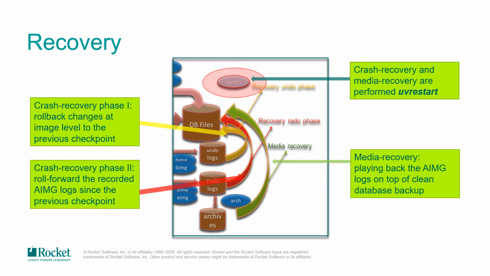The crash recovery involves two phases. The first phase is to roll back the changes at the image level to a previous checkpoint. The second phase is to roll forward the recorded after image logs since the previous checkpoint. So that completes the crash recovery.